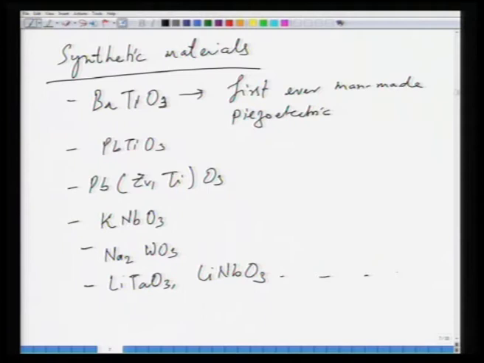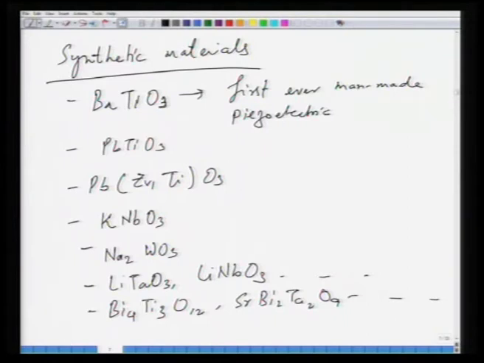This list is very long. Of course, you have Bi complex oxides like Bi4Ti3O12, SrBi2Ta2O9. So all of these are man-made or synthetic piezoelectric materials.